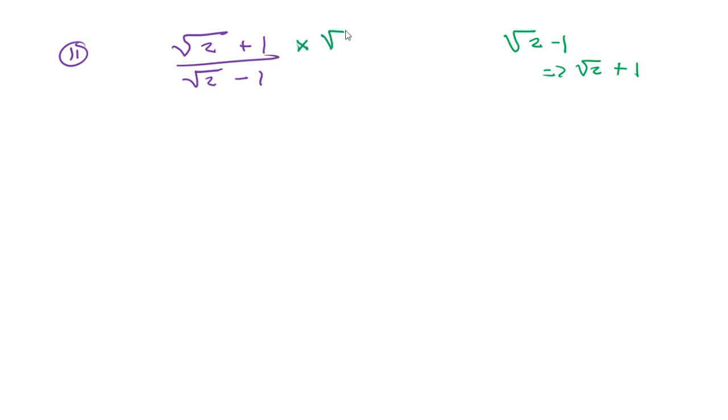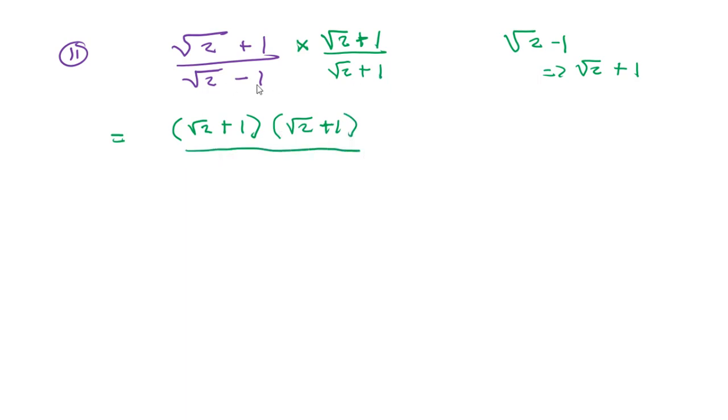So here you're going to say times square root 2 plus 1, and then over times square root 2 plus 1. So if you look at that, this can be multiplied by everything there. So this is (square root 2 plus 1) close bracket, times (square root 2 plus 1) close bracket, over the down part.